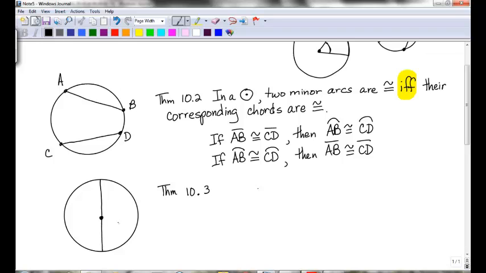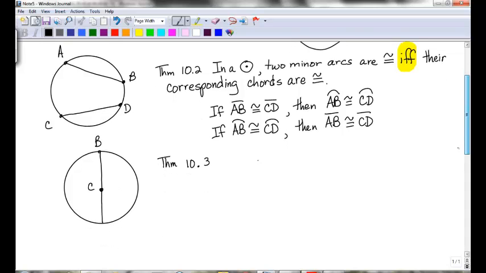It goes through the center. Label the center as C. Label this point up at the top B. Label the point down at the bottom A. Draw a chord down here at the bottom going straight across. Label this as T and label this point V.